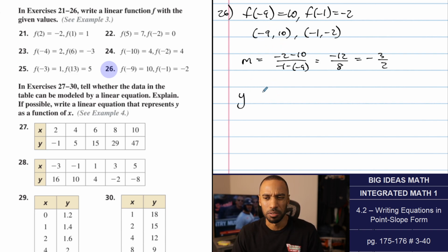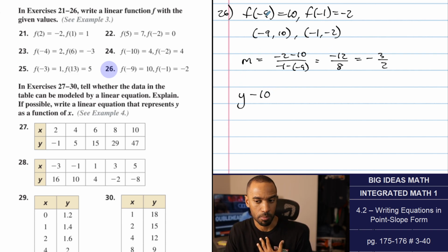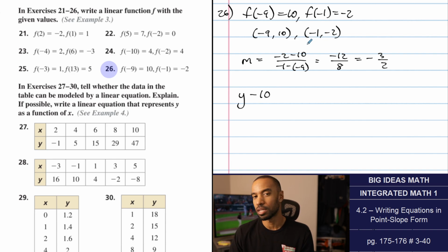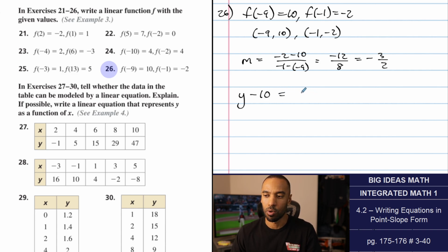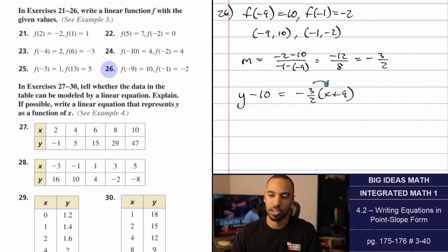Let's make it harder. I'll choose these numbers. You try these numbers, do the same distribution stuff, see if we get to the same answer, because we should, right? The answer should be the same. y minus 10 equals negative 3 halves times x plus 9, and I got to distribute into here. So if you chose this set of points, distribute negative 3 halves into your two terms, and then see what you get.